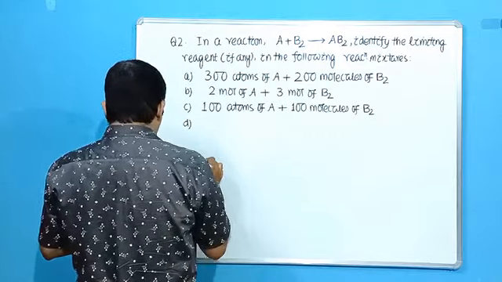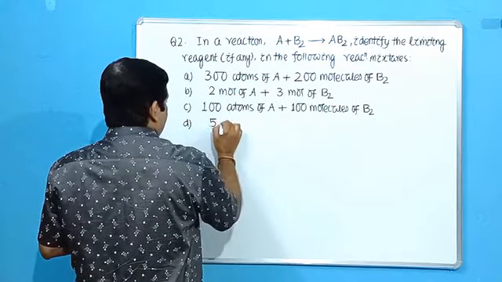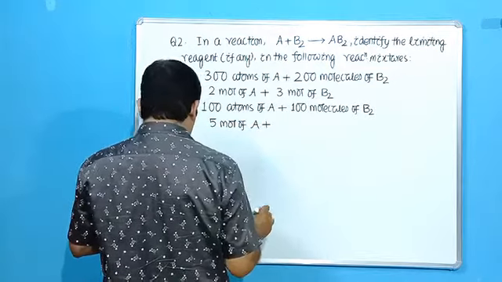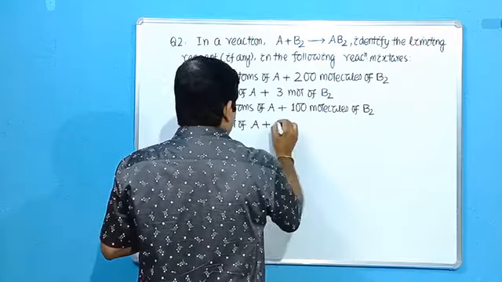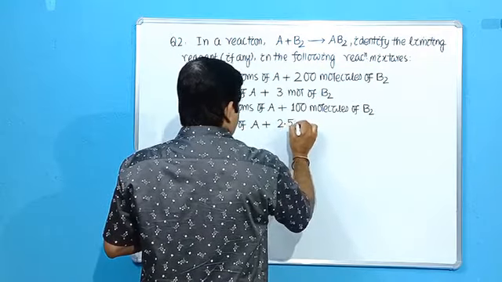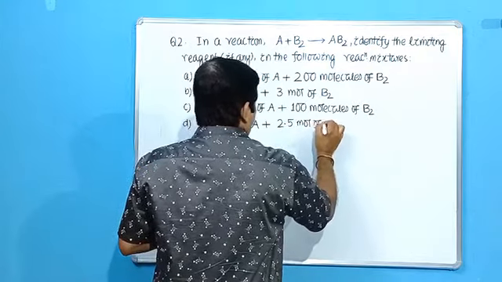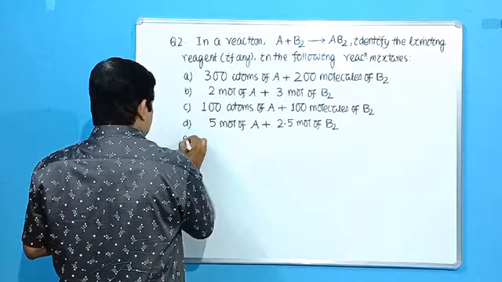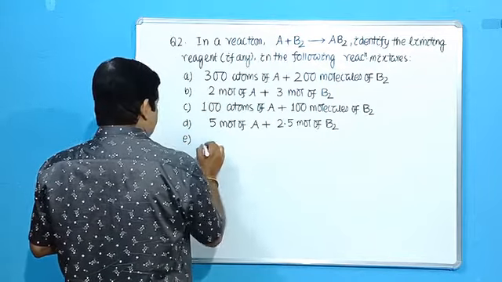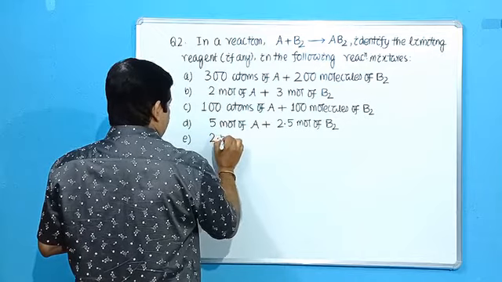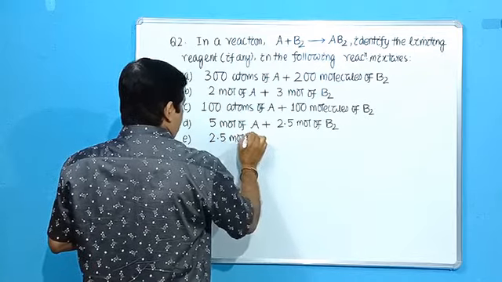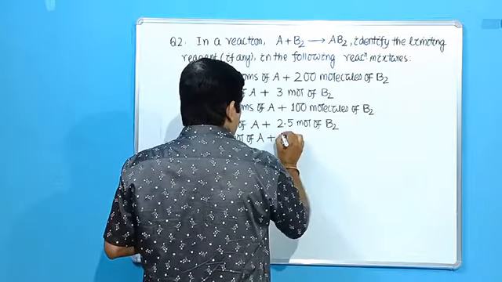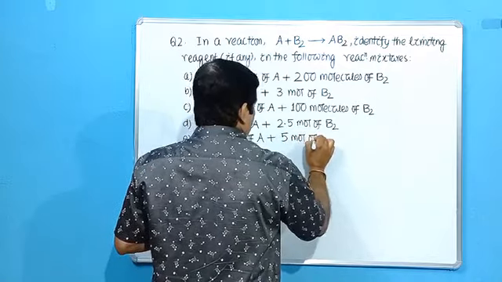Next, 5 moles of A plus 2.5 moles of B2. Next, 2.5 moles of A plus 5 moles of B2.